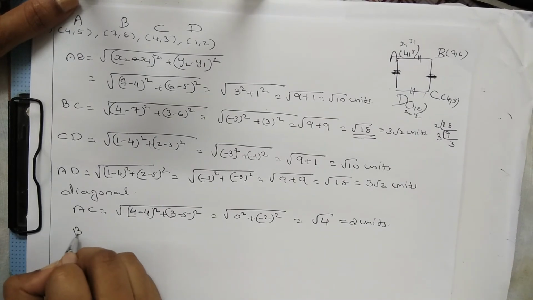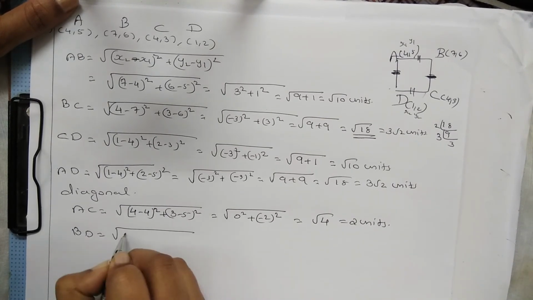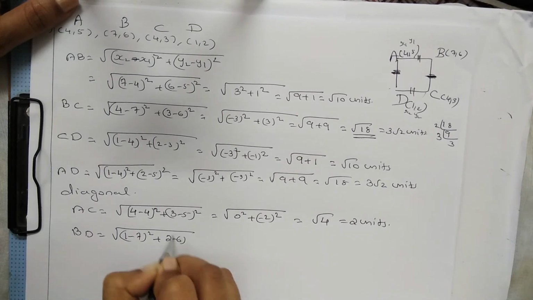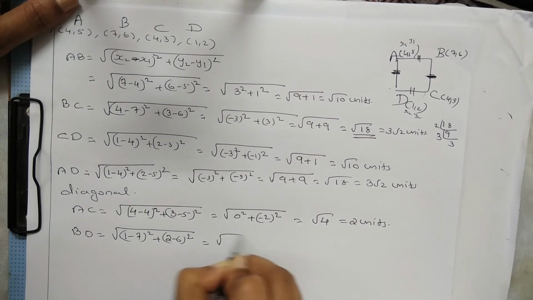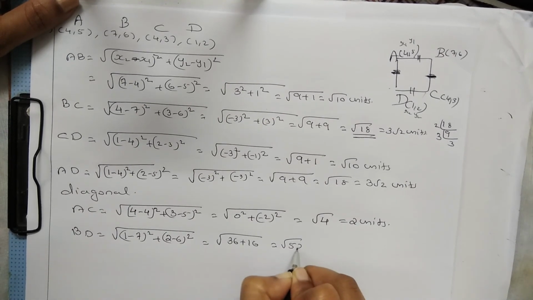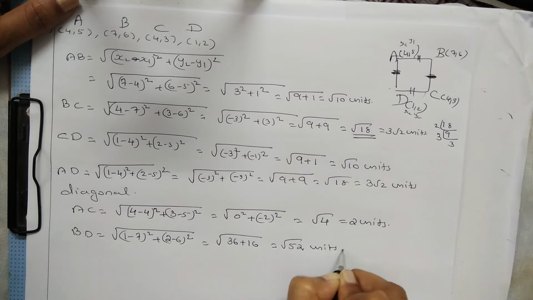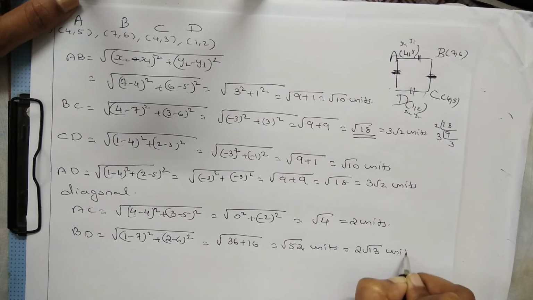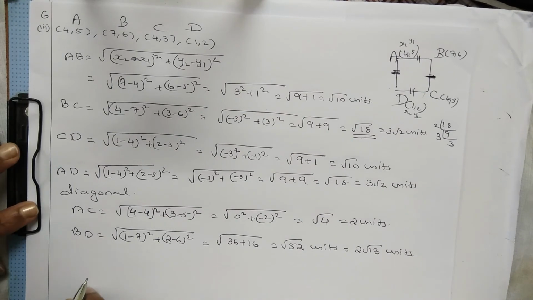Now BD is equal to root of 1 minus 7 the whole square plus 2 minus 6 the whole square, is equal to root of 36 plus 16, that is equal to root 52 units. Root 52, if you want you can simplify as 2 root 13 units, otherwise you can just write it like that.